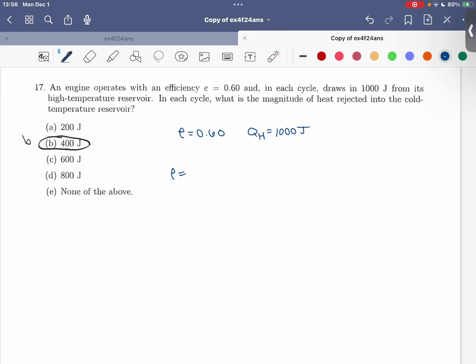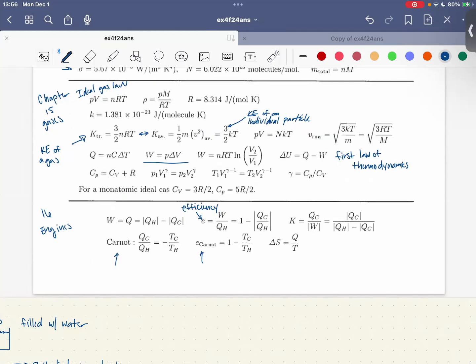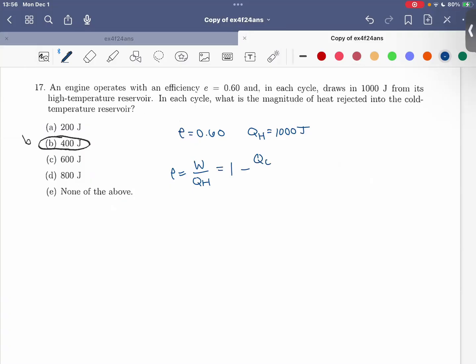So efficiency is equal to 1 minus QC over QH. Looking at this, we're not told work, so we can just use the second equation, just this QC over QH.